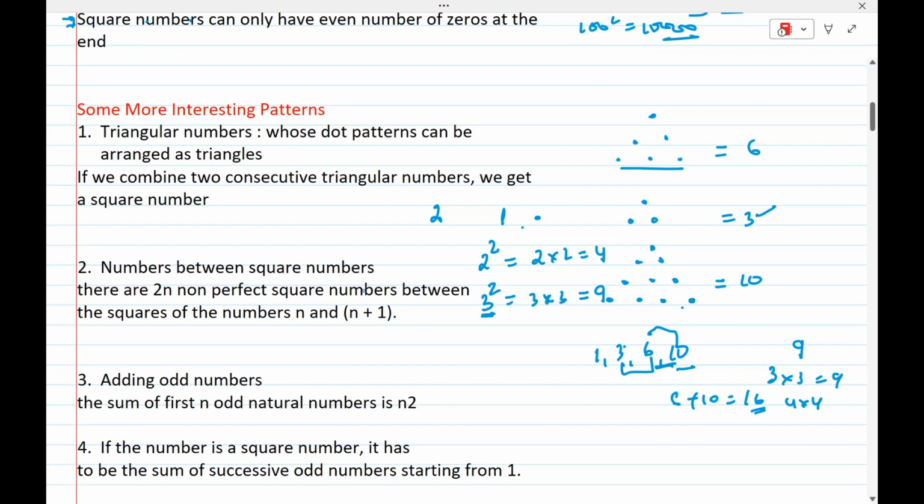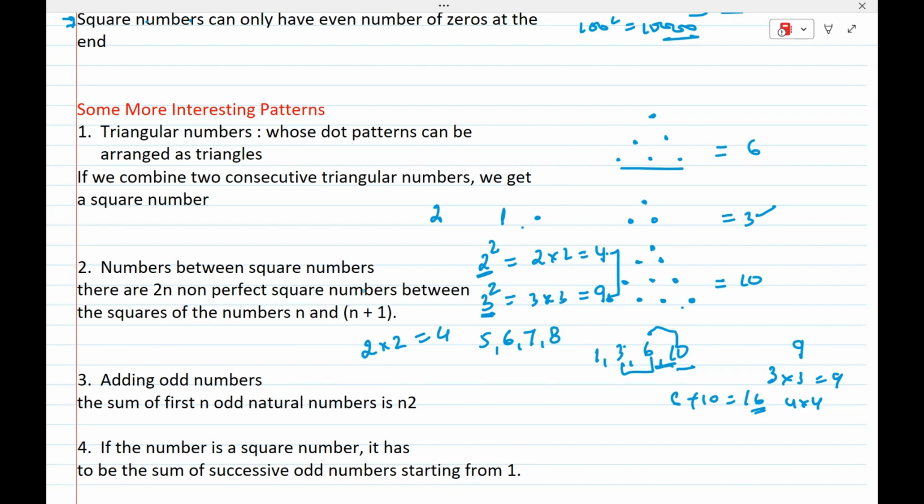Now, how many numbers are there between 4 and 9? I have 5, 6, 7 and 8. There are 4 non-perfect-square numbers between two consecutive square numbers. They are nothing but 2 into the initial number, that is 4.